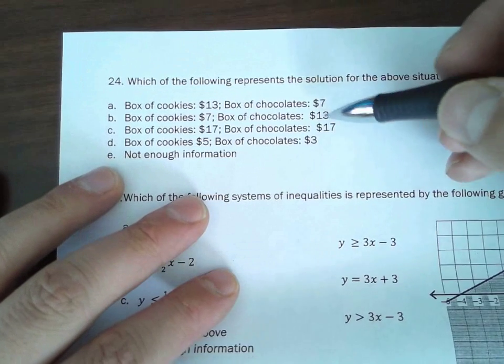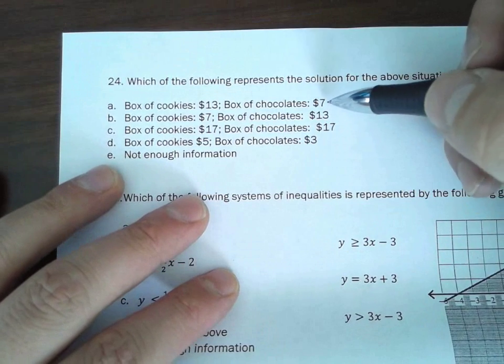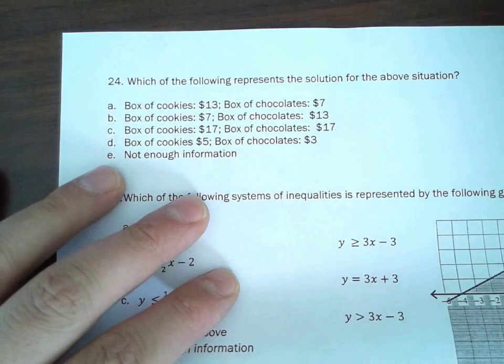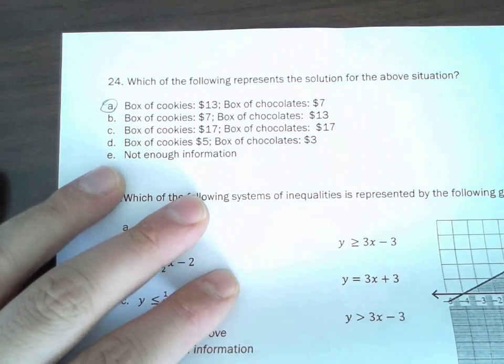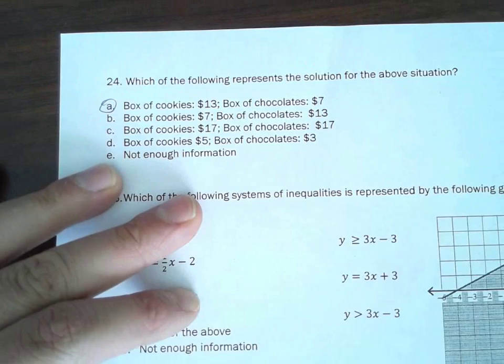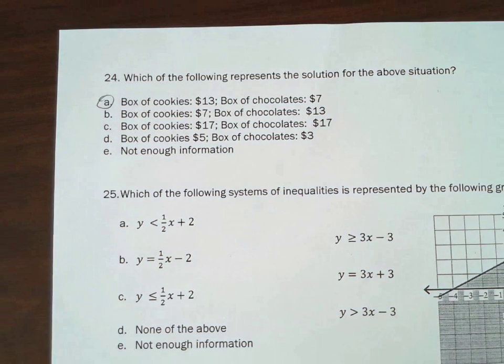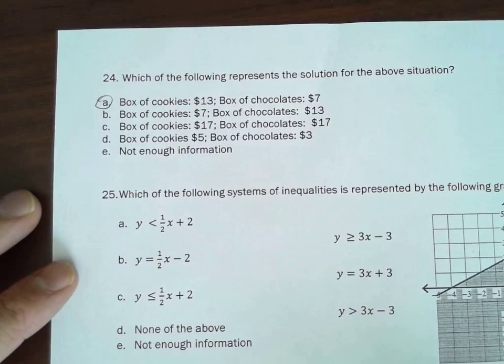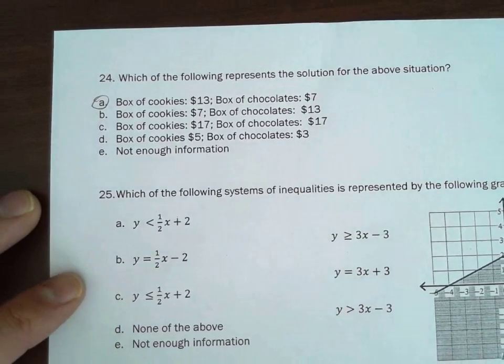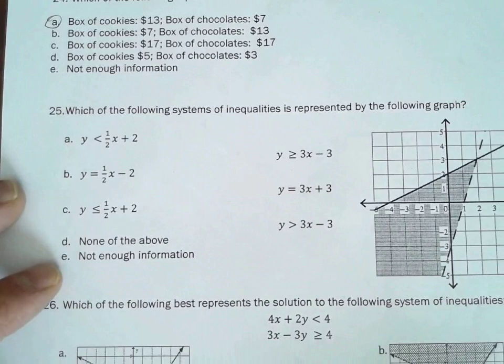Be careful in your answer choices. There's the $7 chocolates, there's the $13 cookies. So make sure you be consistent with your variables.